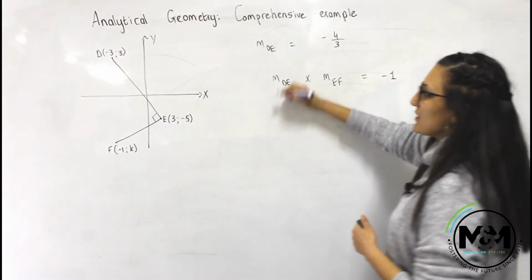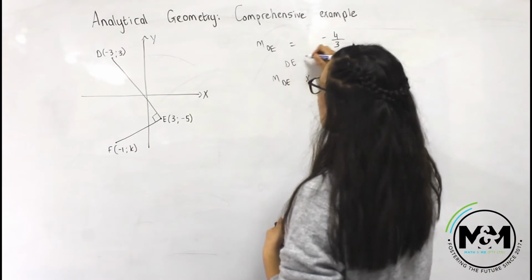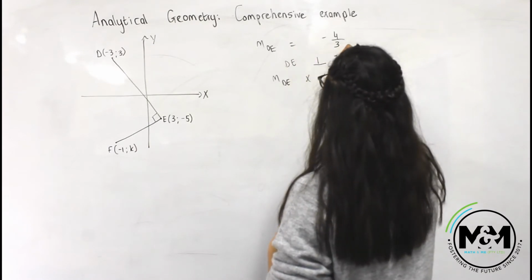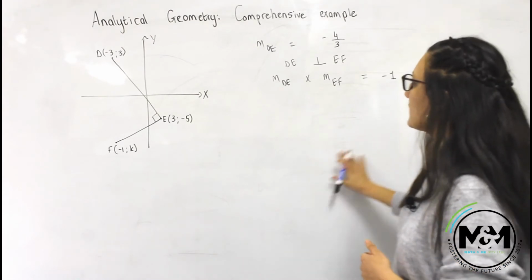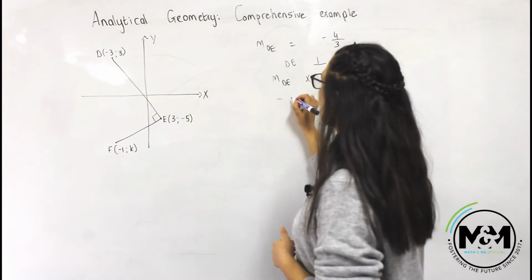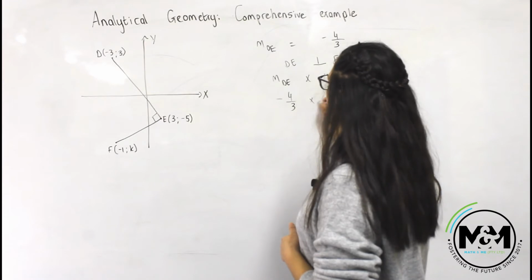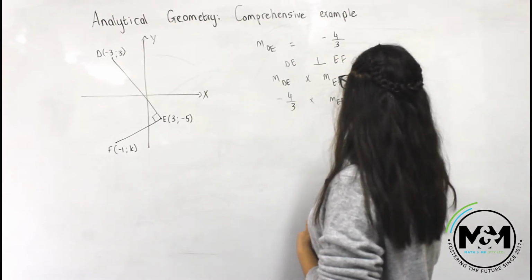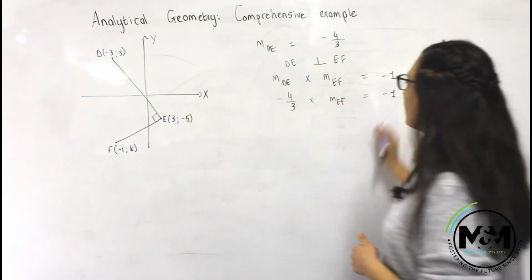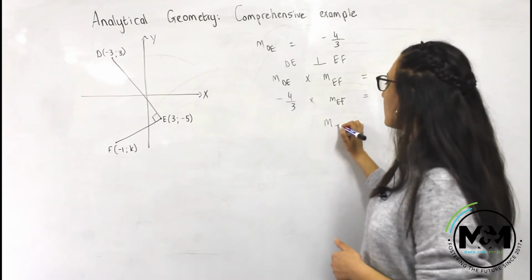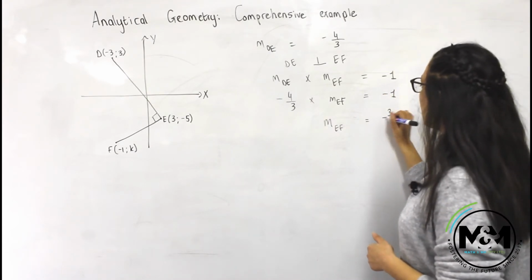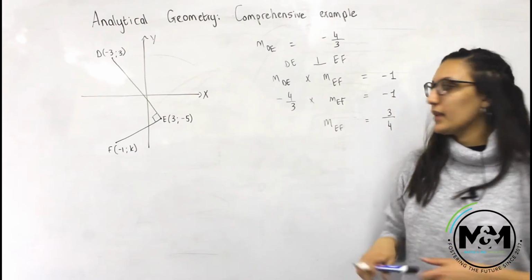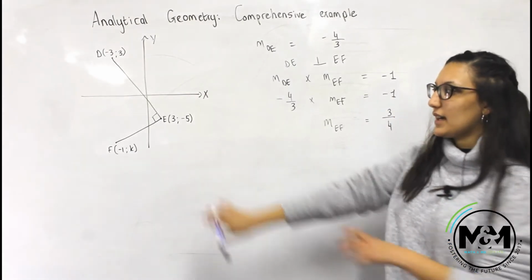And we can make the statement because DE is perpendicular to EF. So negative 4 over 3 times the gradient of EF is equal to negative 1. Therefore, my gradient of EF must equal 3 over 4.